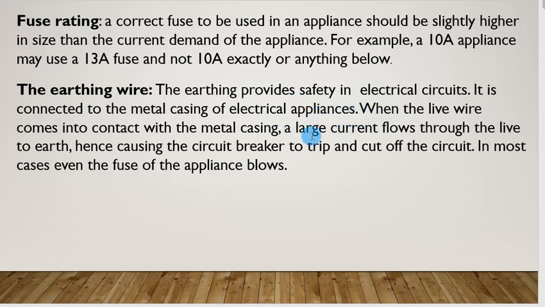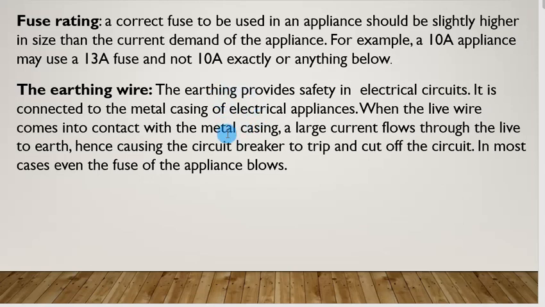But in a normal situation where the earthing is installed properly, the earthing is connected to the metal casing of your electric cooker. So in case the live comes into contact with the metal casing, immediately you switch on this cooker, the breaker for the cooker will drop immediately, or we say it will trip.